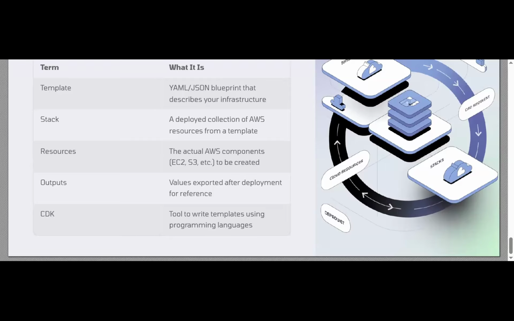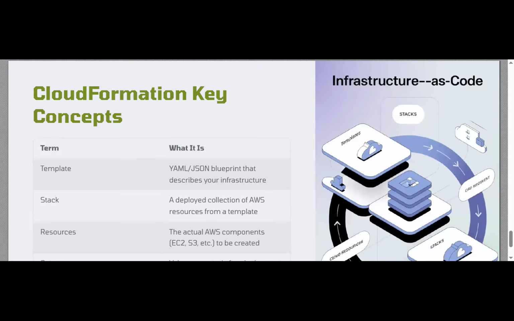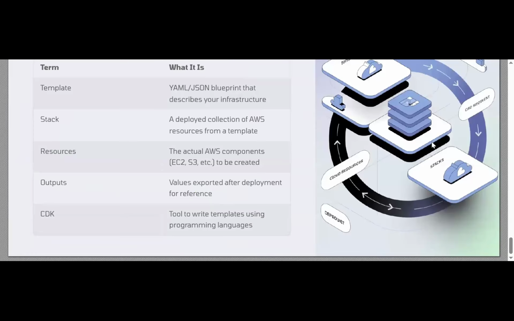All your S3, EC2, and whatever services you are taking are called resources here, and these components also. Values can be exported for deployment or for reference also. Whatever we have done previously, we can deploy as a reference. Next, CDK is a tool to write templates using programming languages. So CDK is like a Cloud Development Kit where we can deploy our application or template and it helps to create the templates. Okay, so these are the things we have here in CloudFormation.